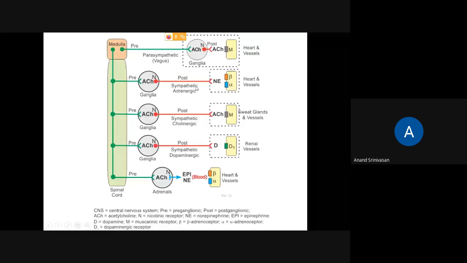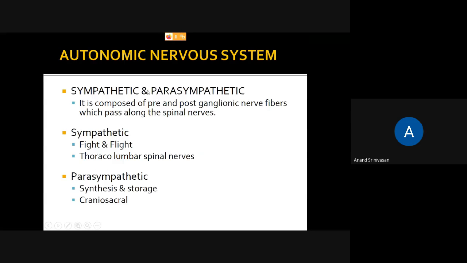There is a nerve which goes until the ganglion, which is called preganglionic, and from the ganglion another nerve goes out, which is called postganglionic. They also pass along with the spinal nerves.